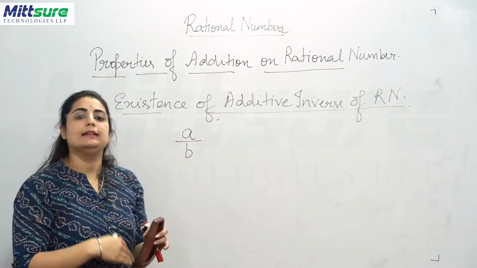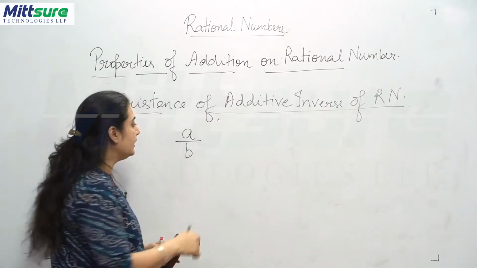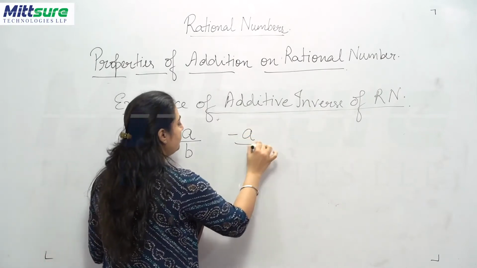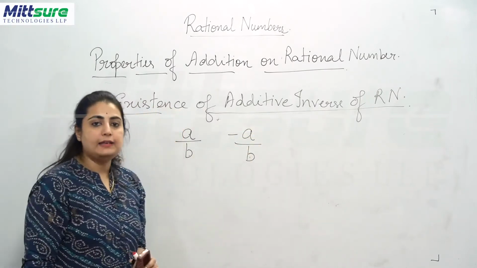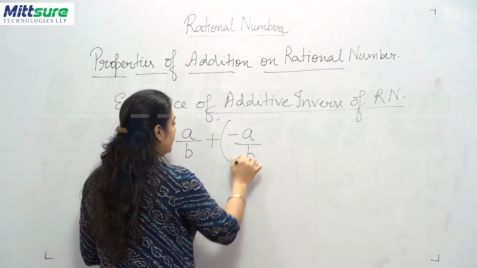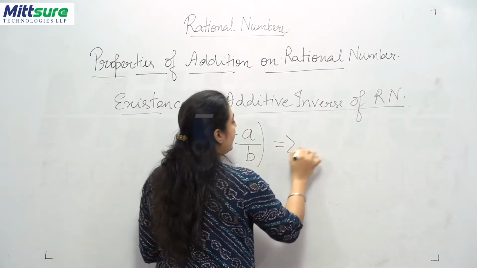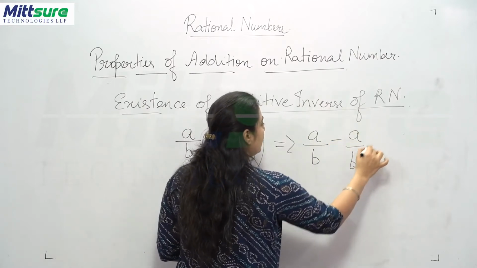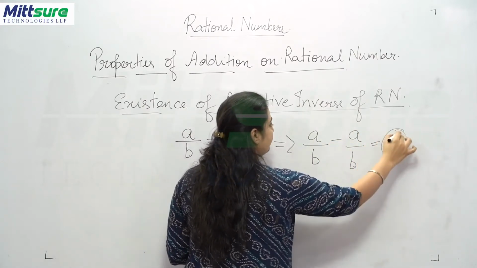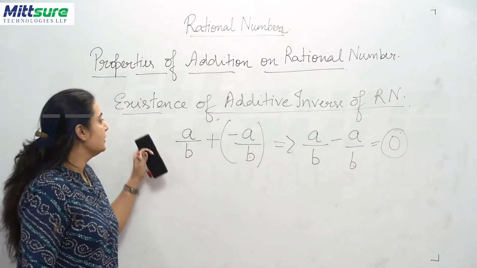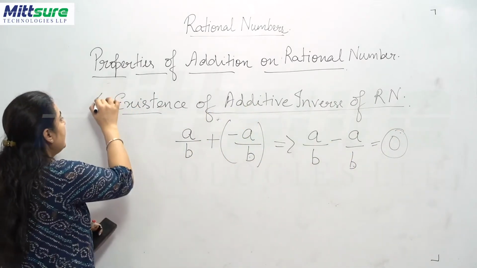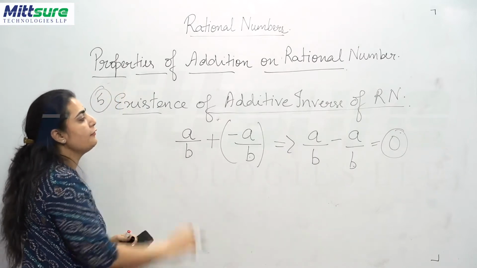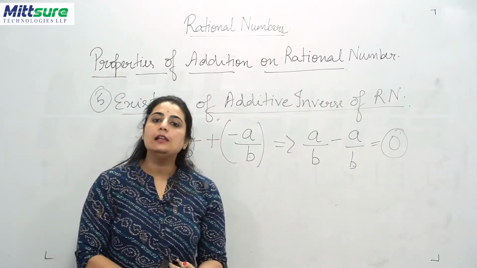So what is its additive inverse? Certainly minus a upon b. So when you add these two numbers, then the condition comes a upon b minus a upon b, which gives you 0. Is it clear? So this is the last property of existence of additive inverse of rational numbers.